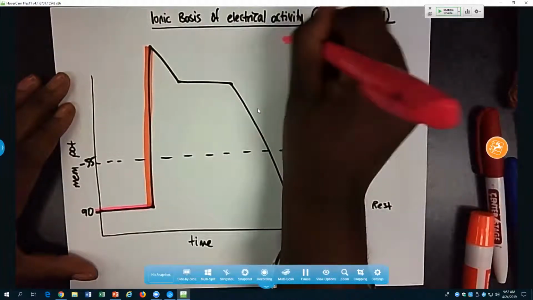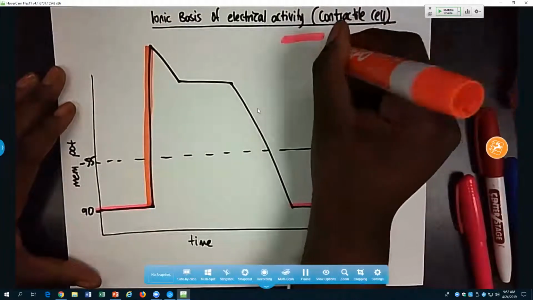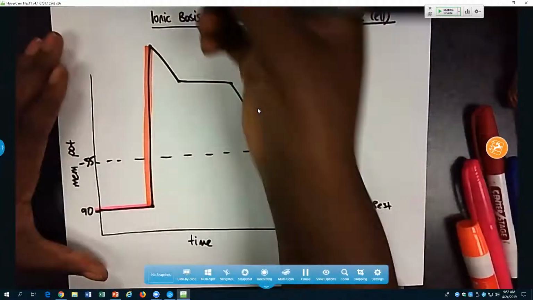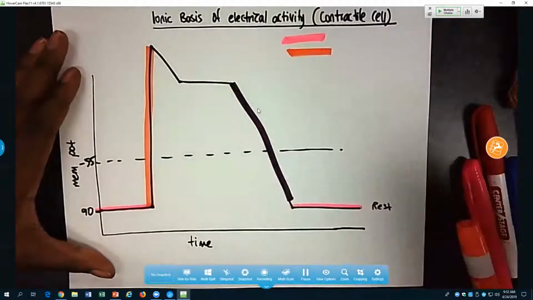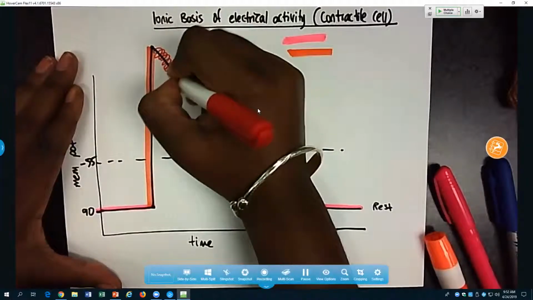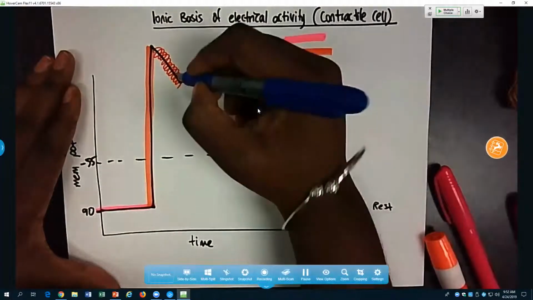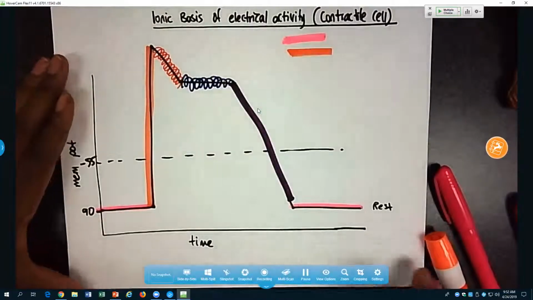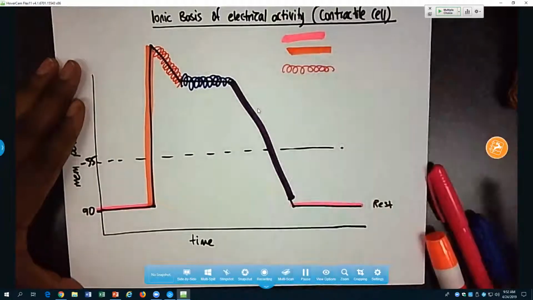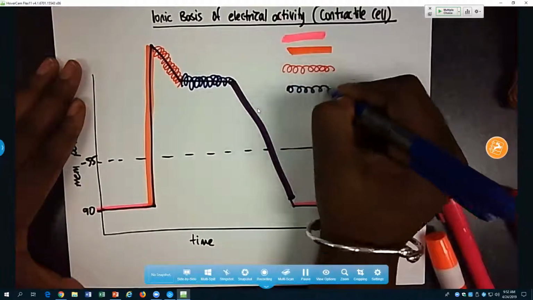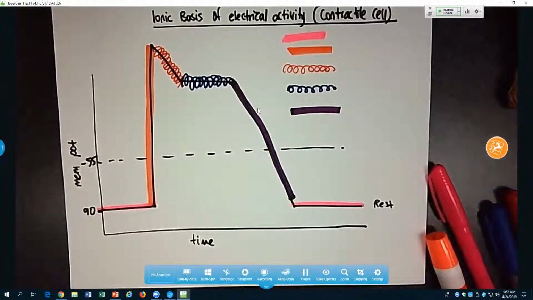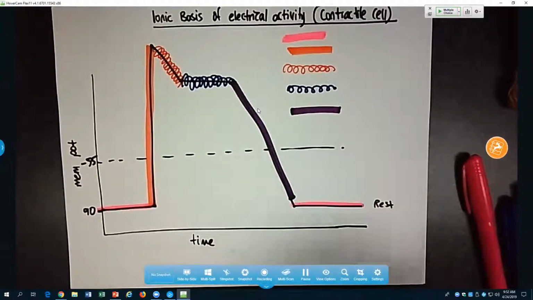We'll start with phase 4, move to phase 1. Running out of colors. So these are our 4 phases, and we start with phase 4, which is at rest.